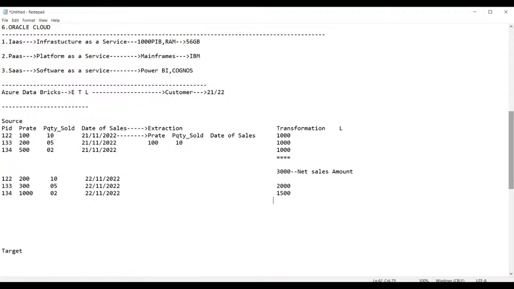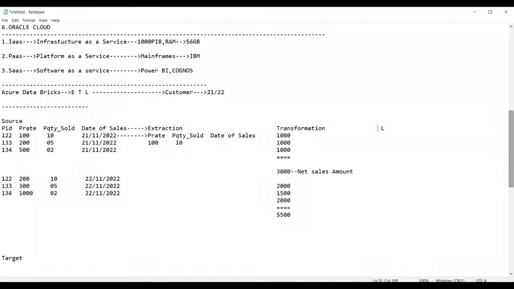Now calculate the sum: 5500. This is the net sales amount. This process is called the transformation process.